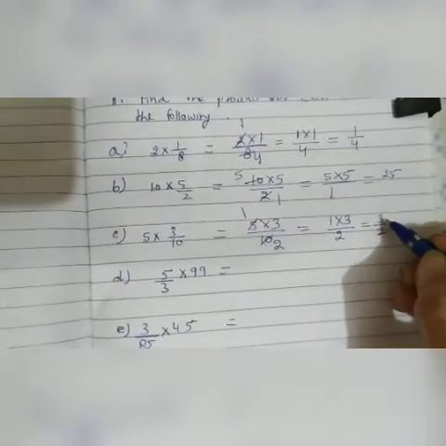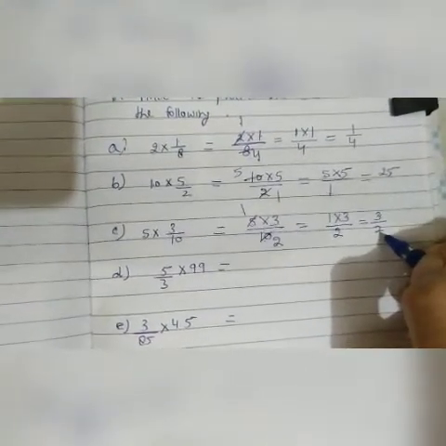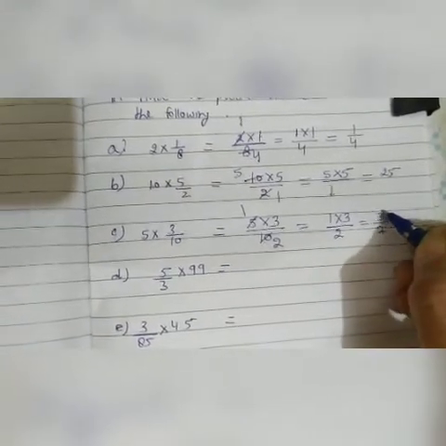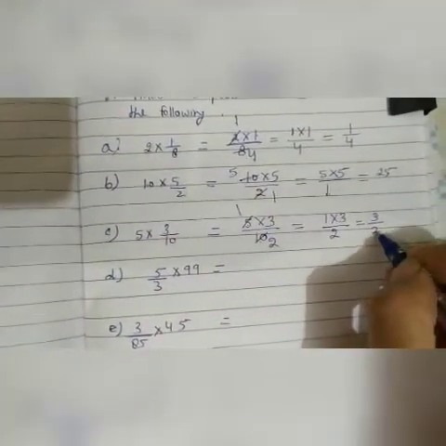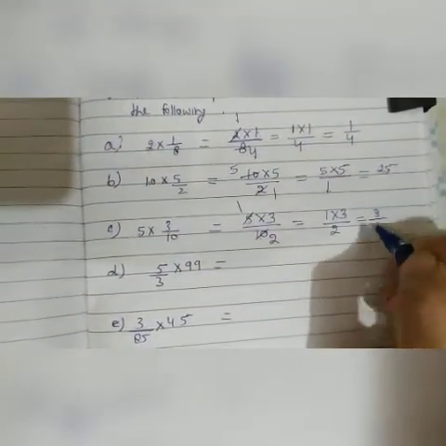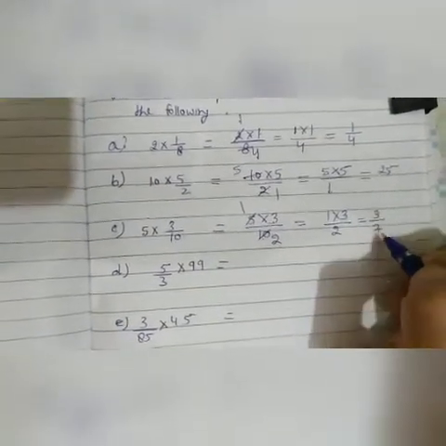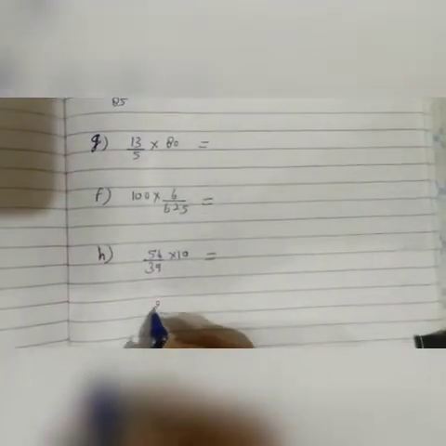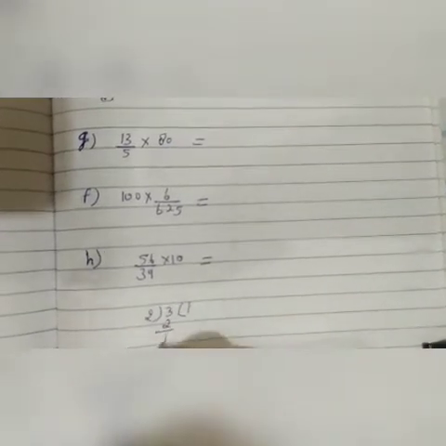Now it is, students, an improper fraction or proper fraction? It is an improper fraction because numerator is greater than denominator. So if it is an improper fraction, we will change it into mixed number by dividing. We will divide this 3 by 2. 2 1 ja 2, 1 remainder.